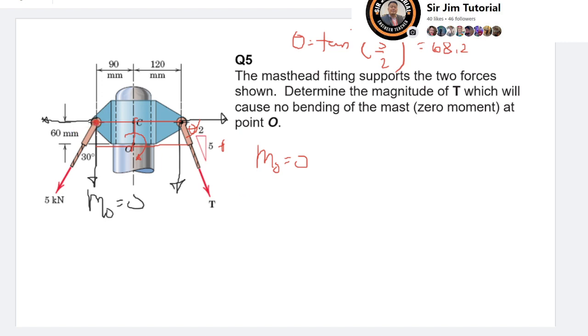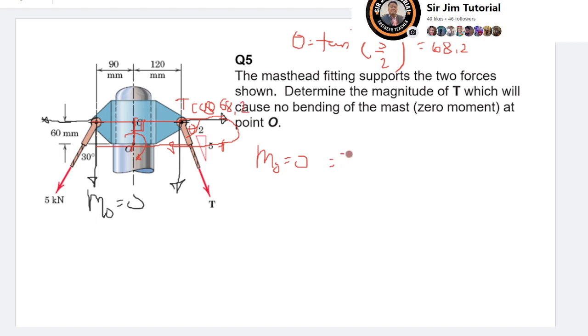So we start with positive values. This T is going here like that. It's clockwise, perpendicular here. So this is the distance for this part. If this is theta, meaning this is cosine of 68.2.